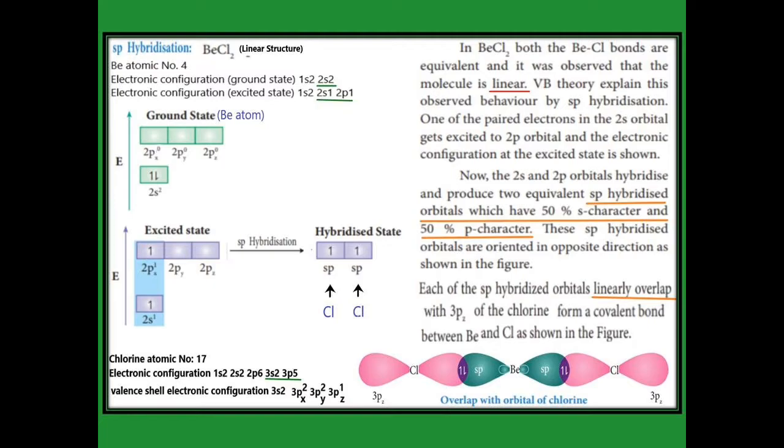That covalent bond is linear, so the structure is linear. In the diagram, beryllium in green has the sp orbital, and the rose color is the chlorine 3pz orbital. That 3pz orbital linearly overlaps with the sp orbital, so we get a linear structure.